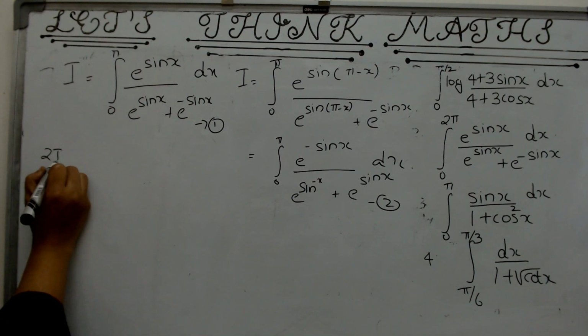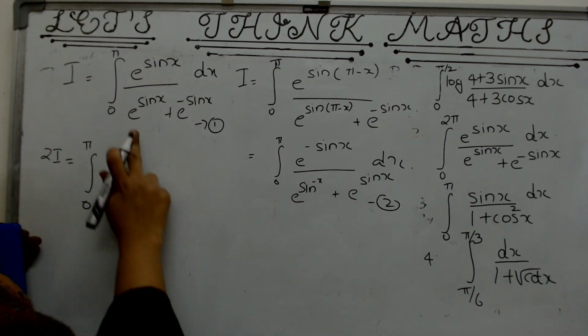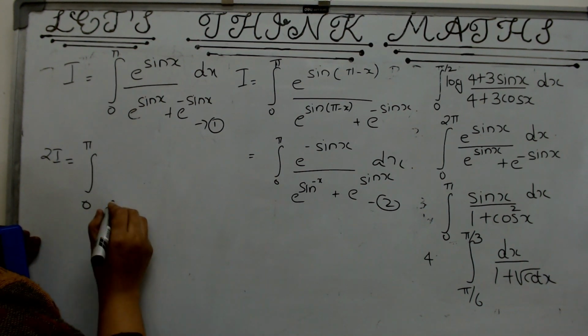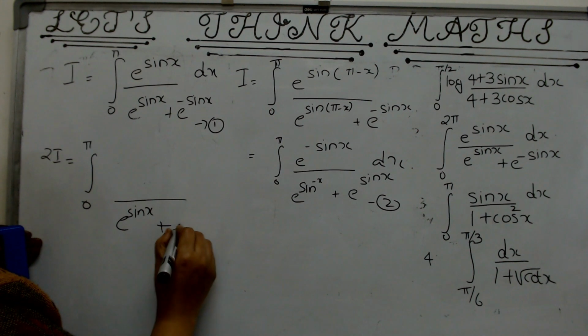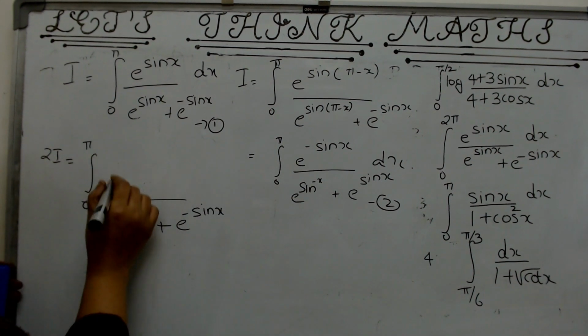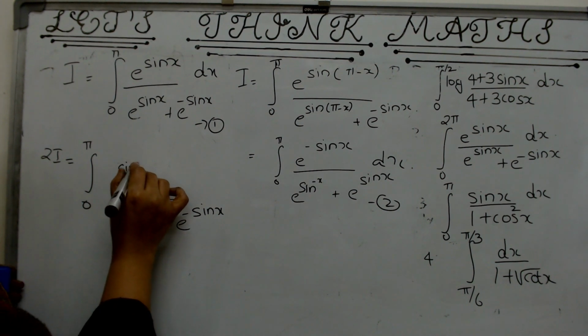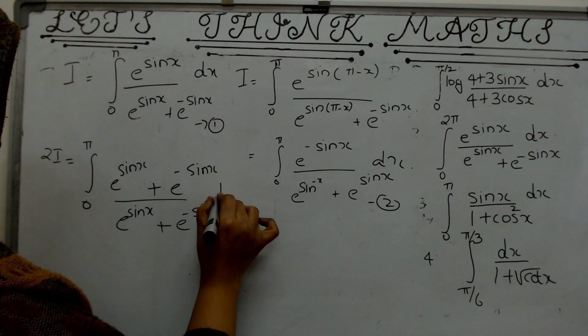Adding both of them, what do you get? 0 to pi. What happens to the denominator? Both the denominators are e raised to sin x plus e raised to minus sin x. The denominators are equal. That means we can just add up the numerators. So this is your numerator. Now what do you see?